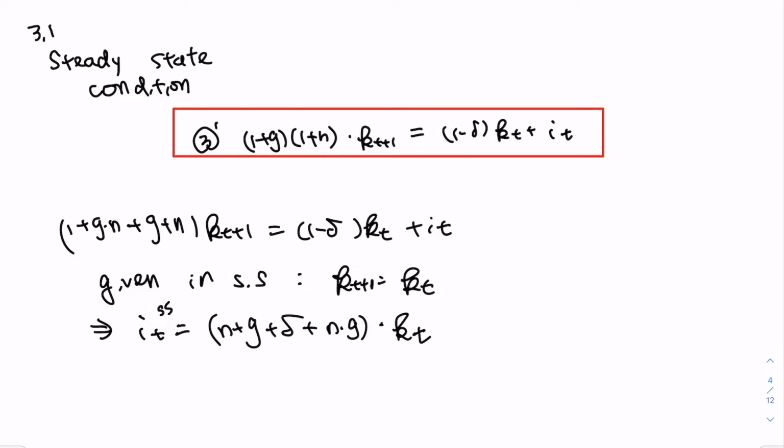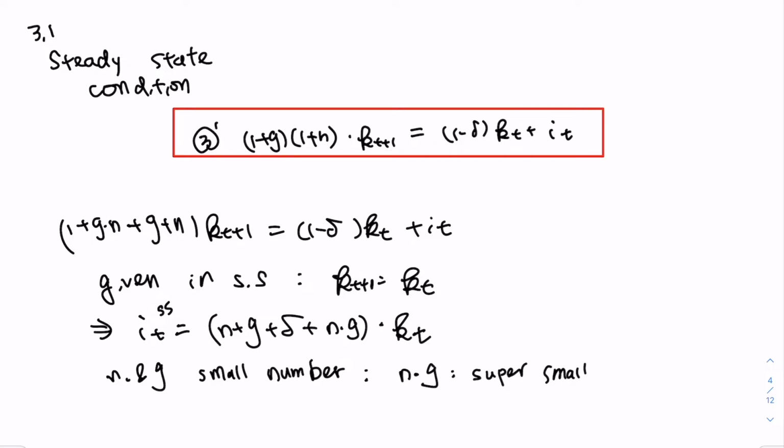Therefore, we can set k_{t+1} equal to k_t and solve the equation, and then we are going to get a steady state condition. It turns out that the steady state condition equals (g plus delta plus n plus n·g) multiplied by k_t.